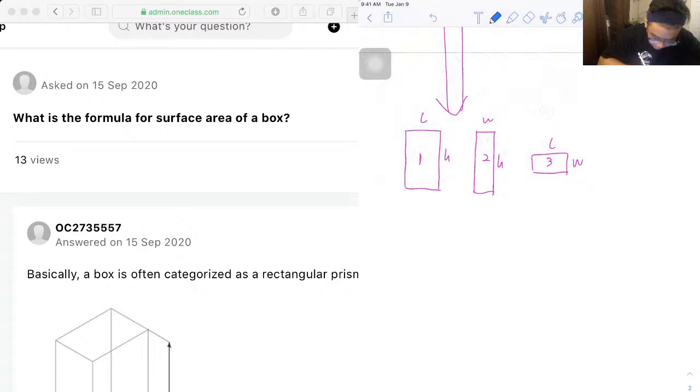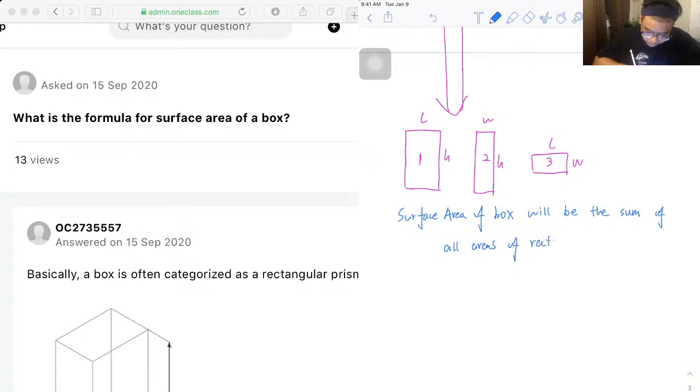So our surface area of the box will be the sum of all areas of rectangles 1, 2, and 3.